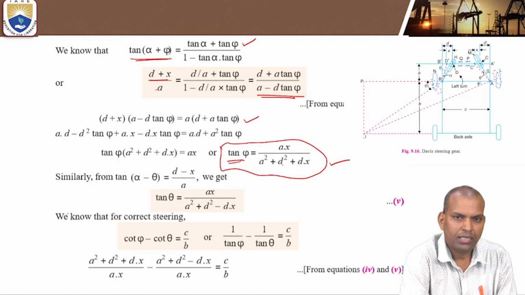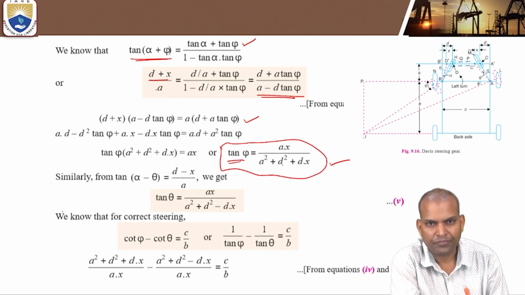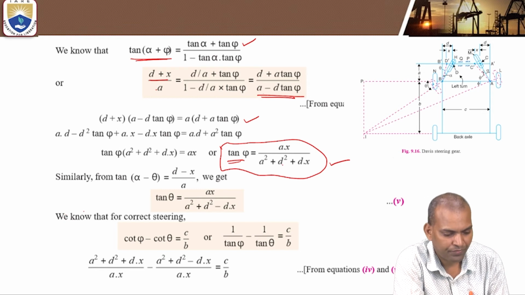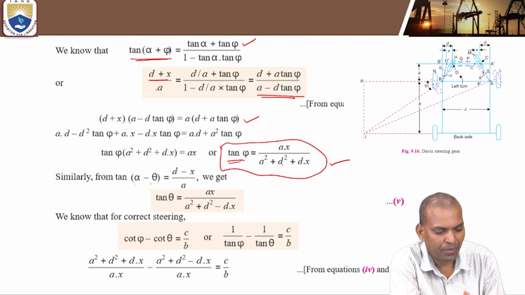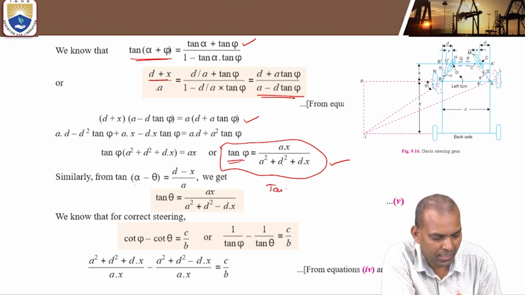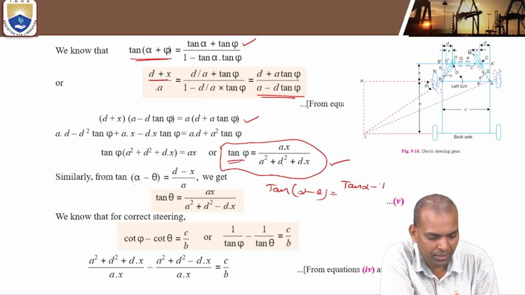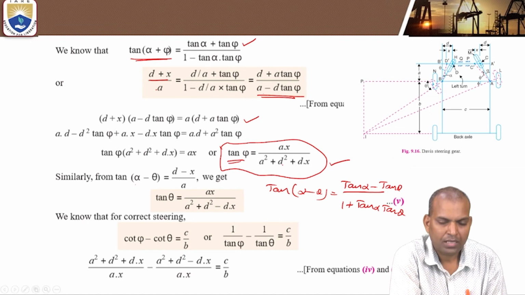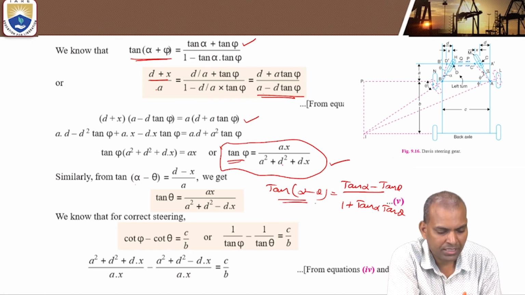Now, next tan alpha minus theta. There, what is the unknown value? So tan theta we will find out. Let me find out here. Tan alpha minus theta equals, substituting again, tan alpha minus tan theta by 1 plus tan alpha tan theta. Substitute here tan alpha minus theta.